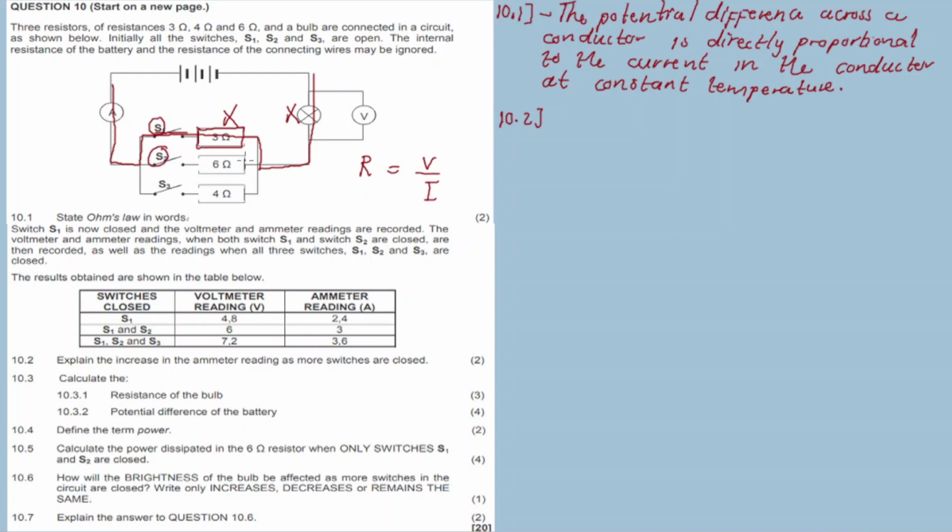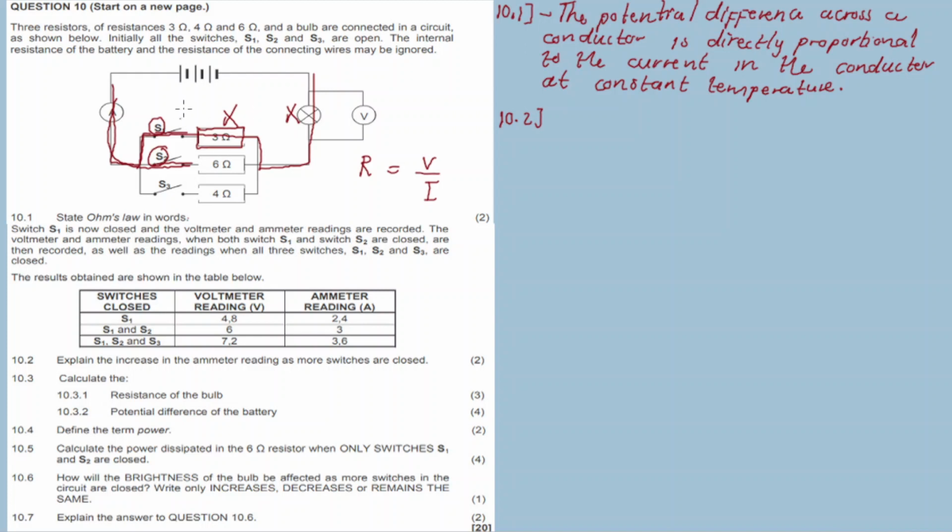When I close switch 2, my current now also goes this way, so it means I have introduced a parallel connection. We know from theory that a parallel connection has less resistance than a series connection.